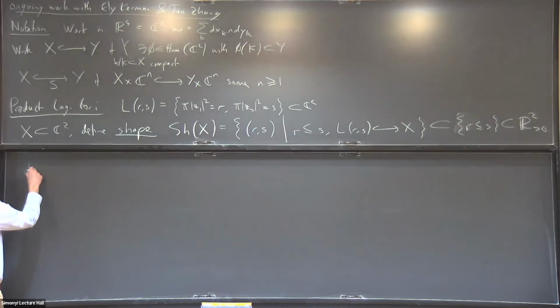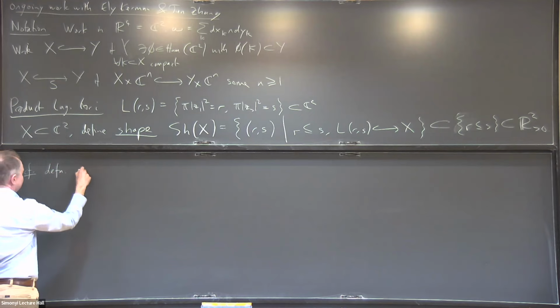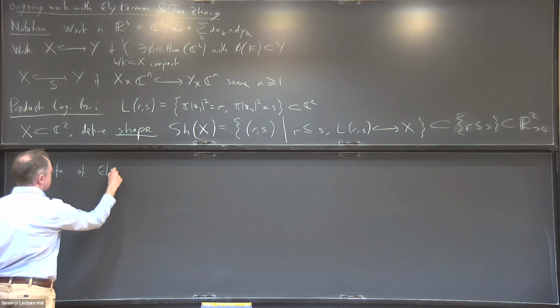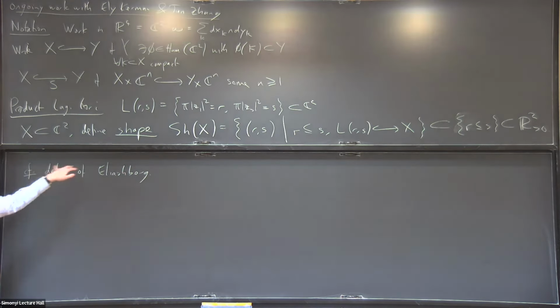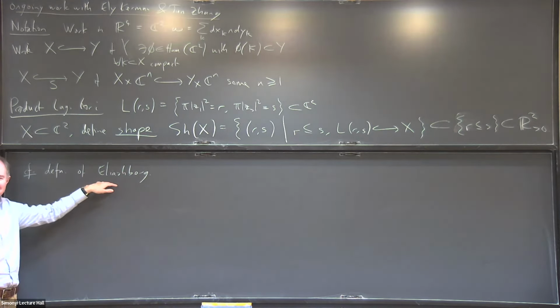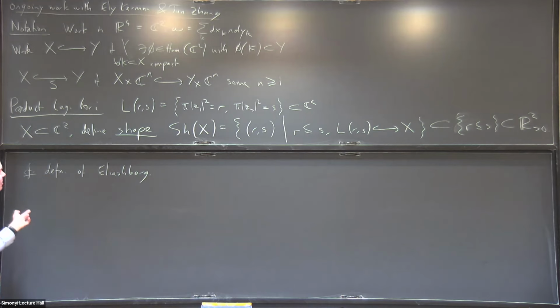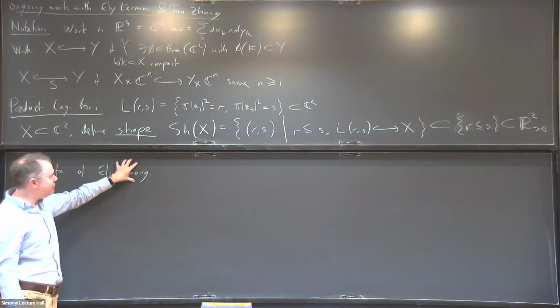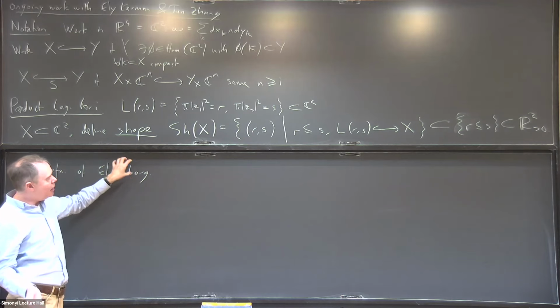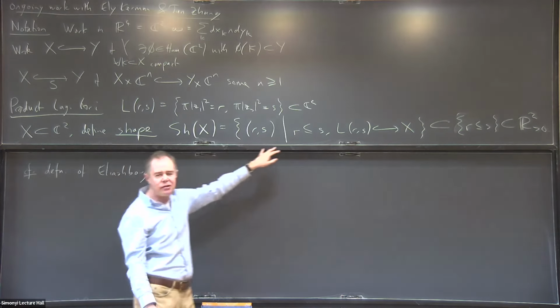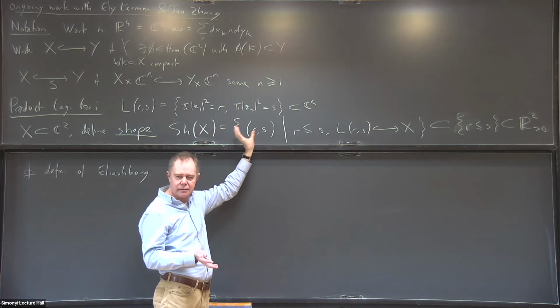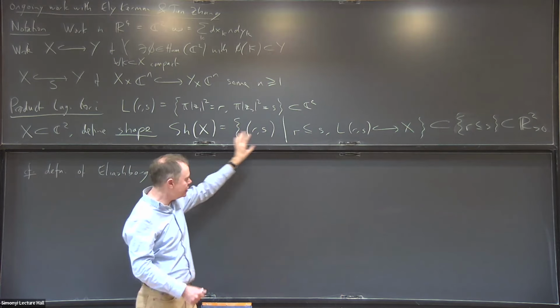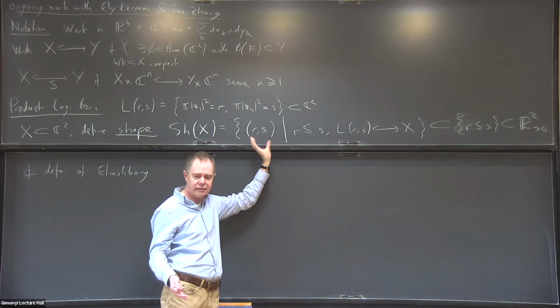So I think the word shape goes back to Eli Ashberg. Well, I think he was the first one to use the word shape, but he used it for something slightly different. Eli Ashberg's definition was more general, but he was only kind of keeping track of area classes of the tori. Right, so in principle, there's slightly more information here. We're keeping track of the Hamiltonian isotopy class of the torus.